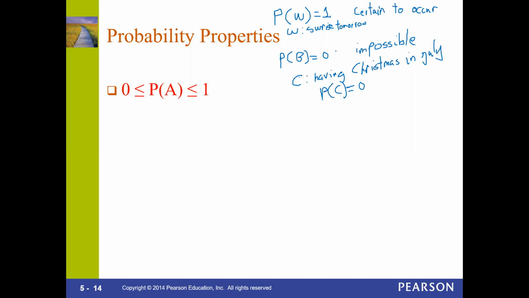But notice that probability is always between 0 and 1 inclusive. If something is unusual, the probability will be less than or equal to 0.05.